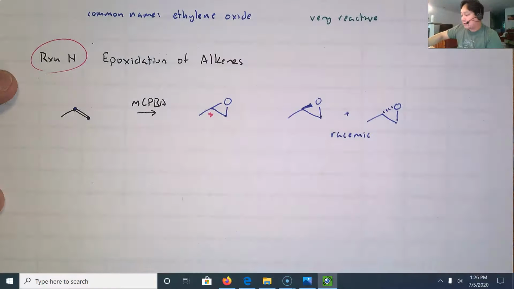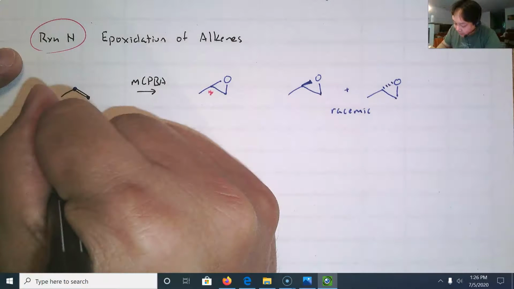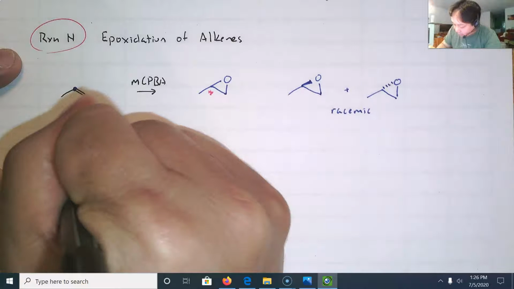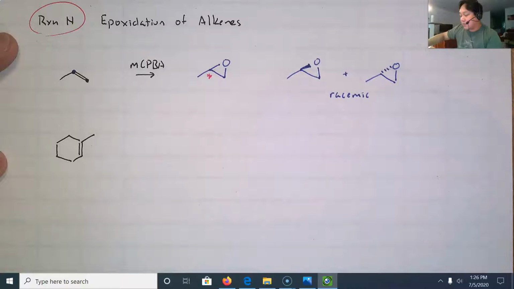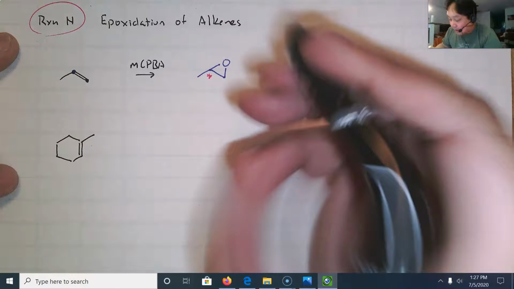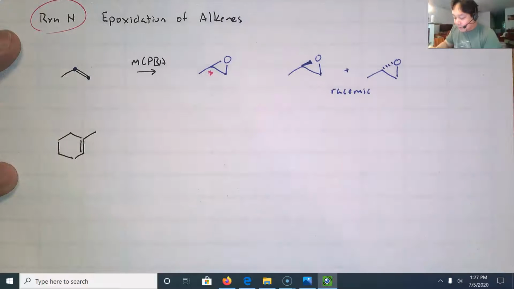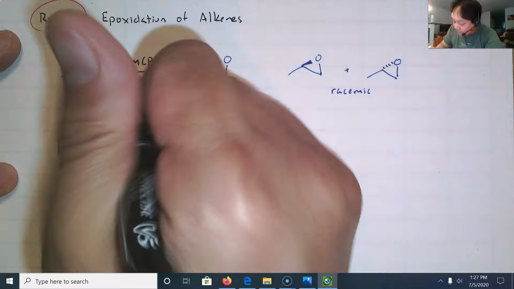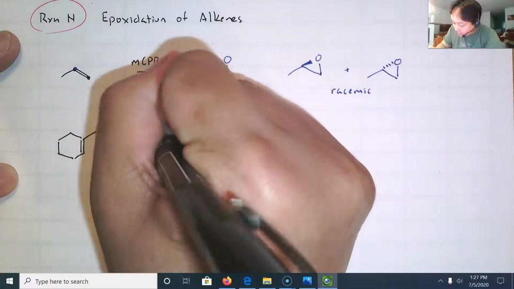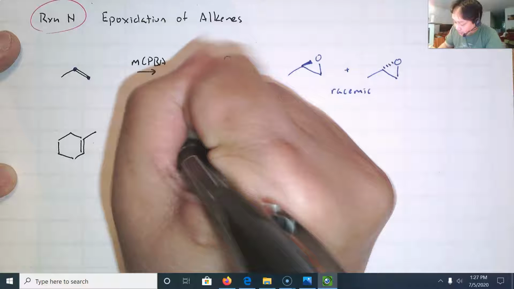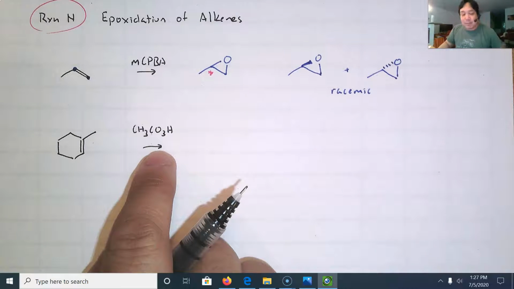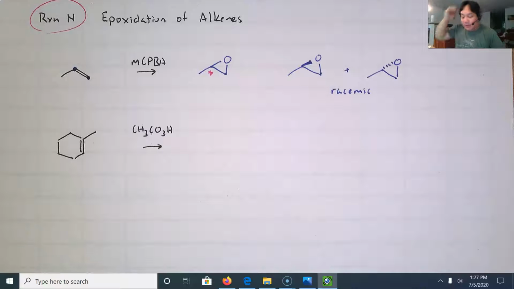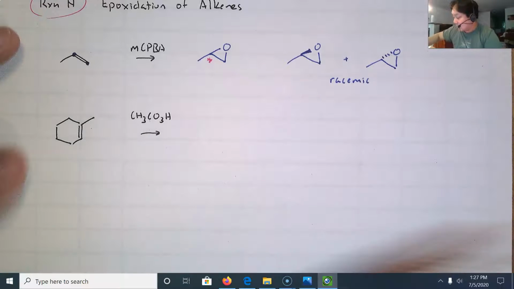Let's take another alkene and let's see how the stereochemistry plays out there. Okay, let's take that. I've on purpose chosen unsymmetrical alkenes, and we'll see why in just a bit. Let me use another reagent, CH3CO3H. This might look like a typo, but I really do want 3 oxygens, and I'll show you the structure of this in just a bit.